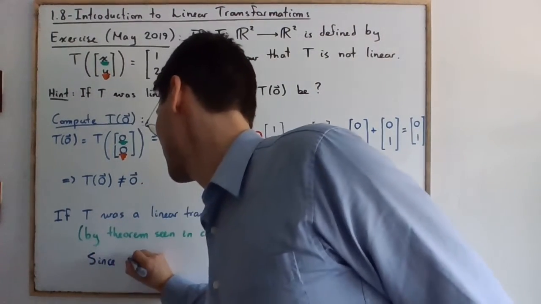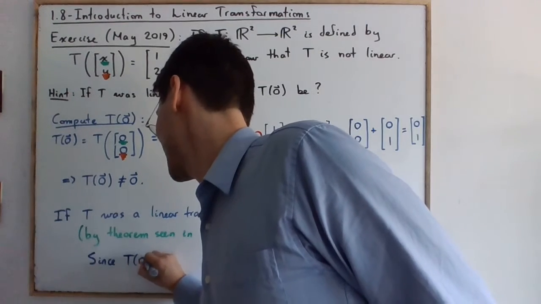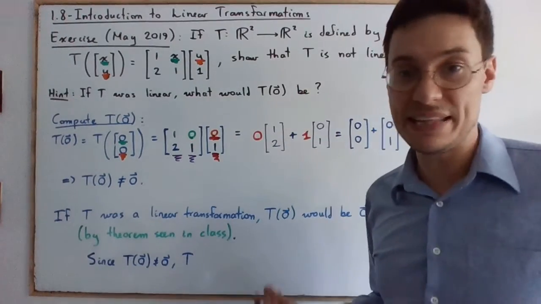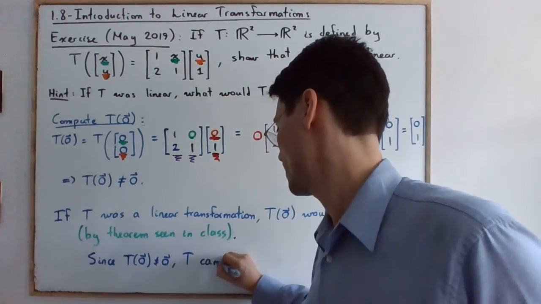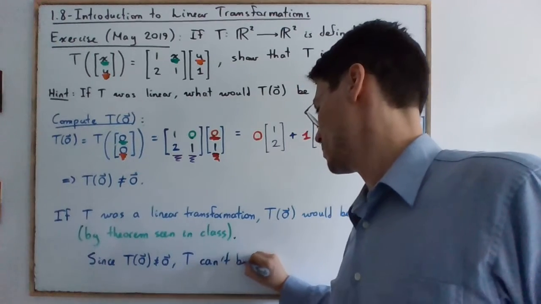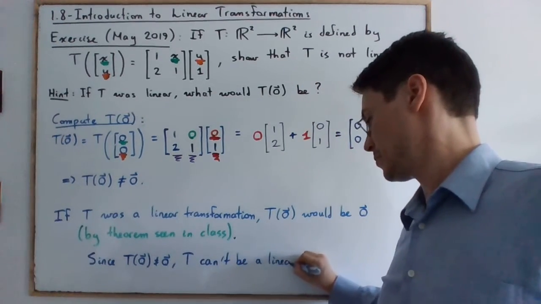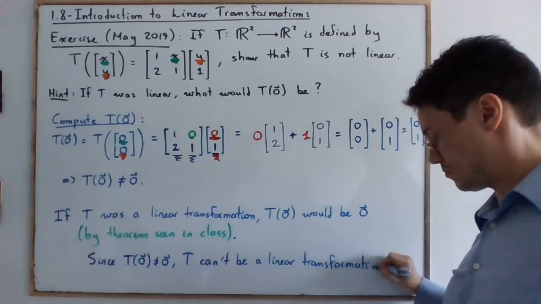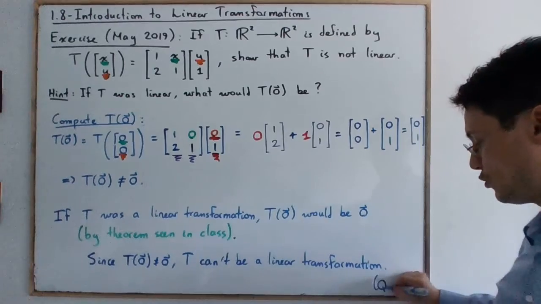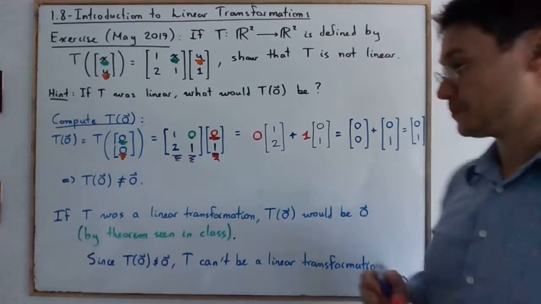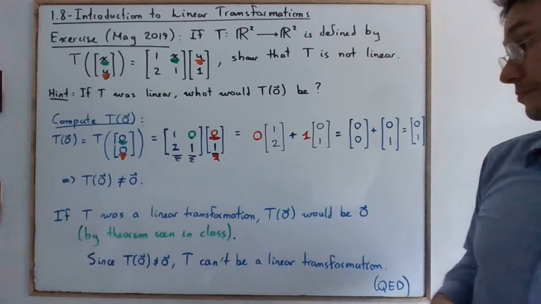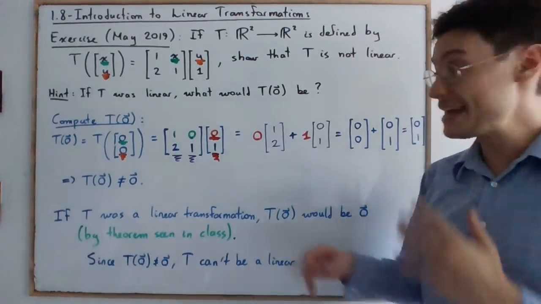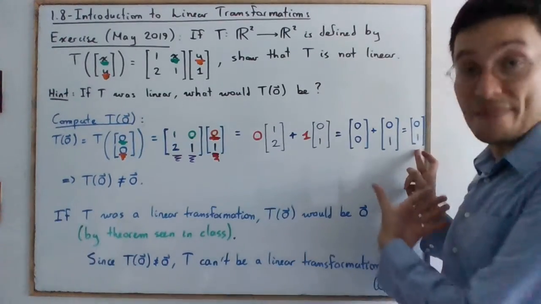Since it's not, T cannot be linear. And this is what you wanted to prove. And that's it. So if you computed T of 0, you got this.